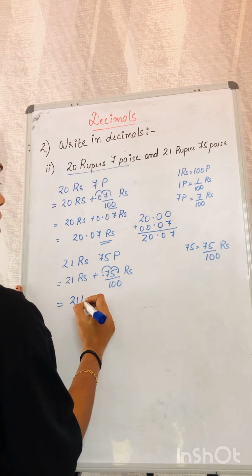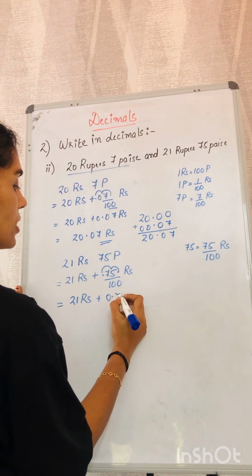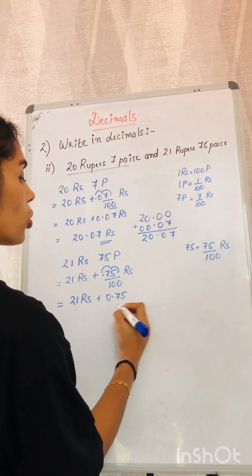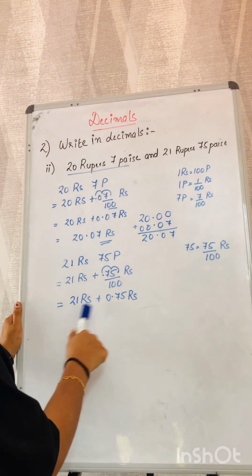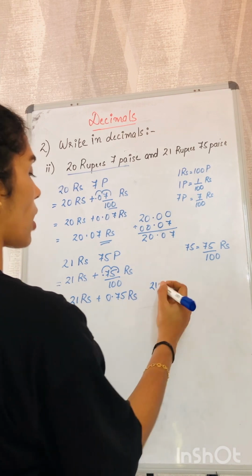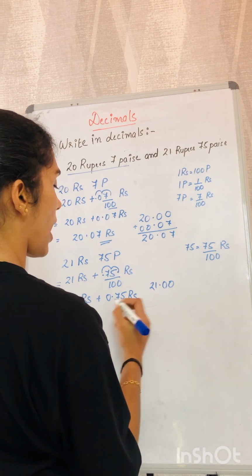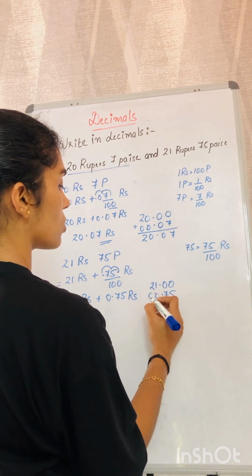So 21 rupees plus 0.75. Now you don't have to write the 100 here, right? Rupees. Now add the whole number 21. After the decimal you have 2 places, right? So just put 0, 0 and take this 75 here. So here also 0, 0.